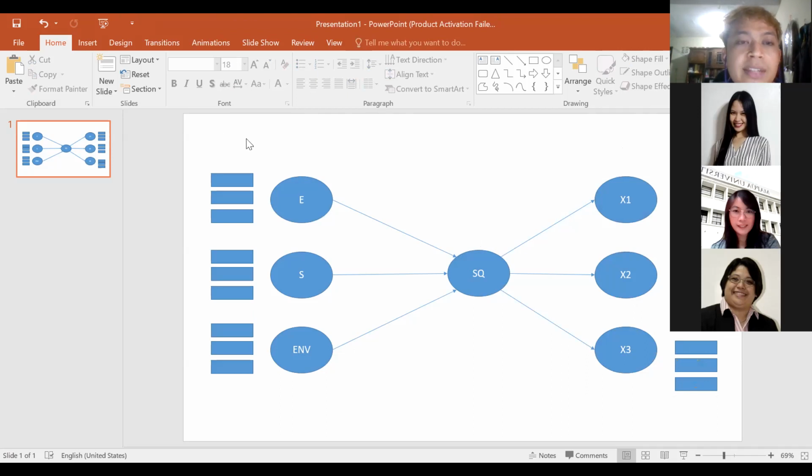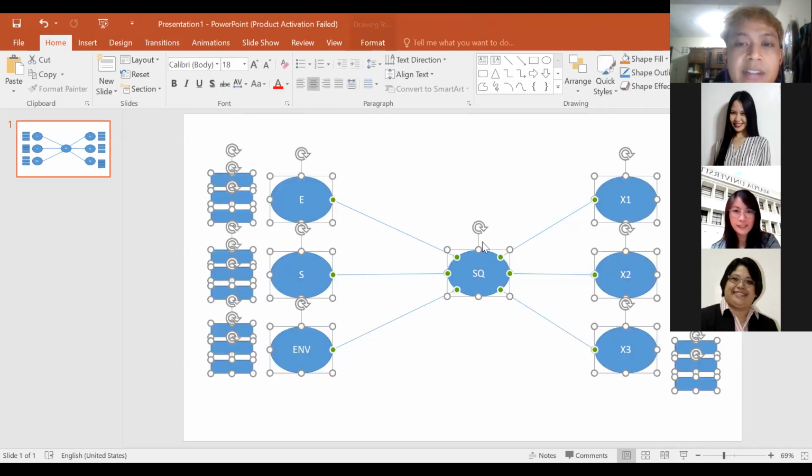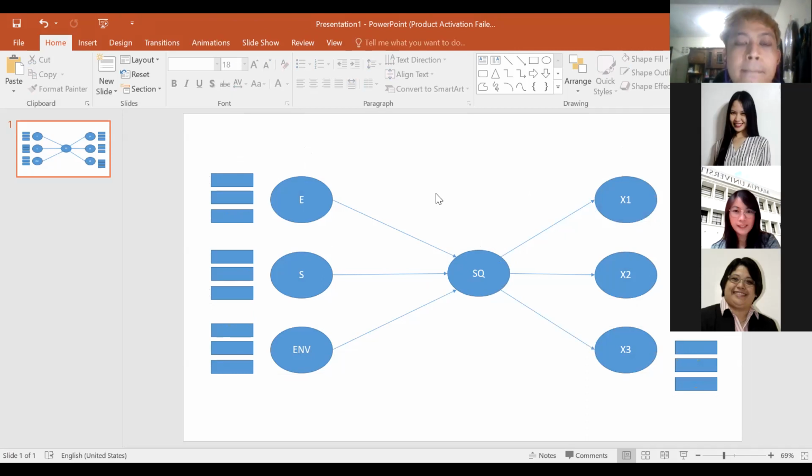Maela, is it clear? This one? You understand this one, right? The concept, yes, clear. But I'm just curious, if we will use the model with the model fit, what do you mean? What will happen with the model fit if we will use this second order model?